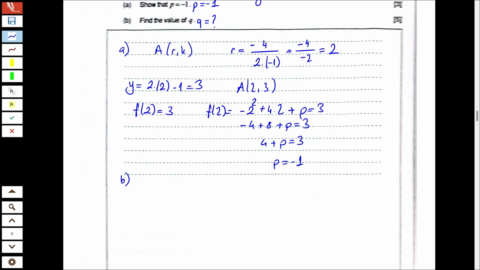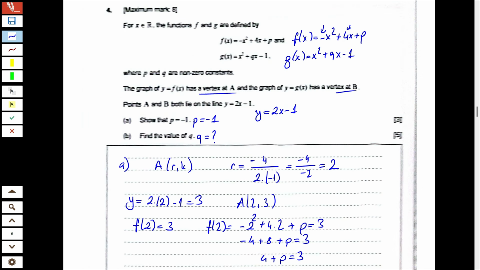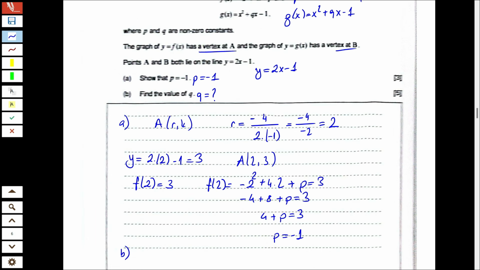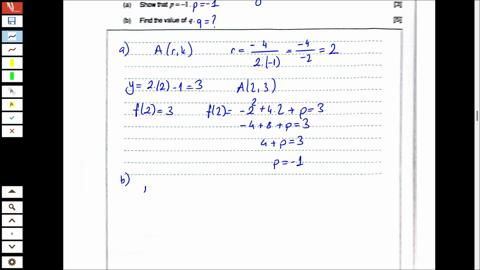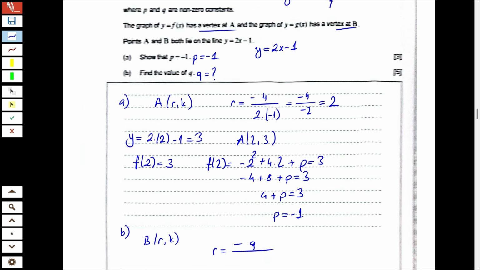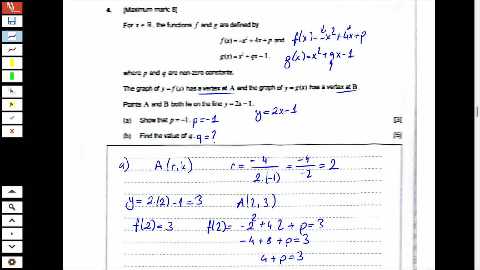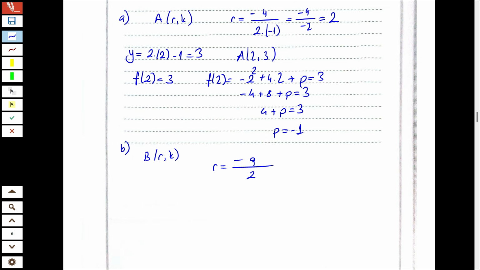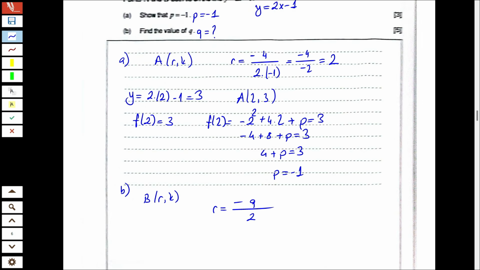The second question, find the value of q. Okay, we can do the same, for example, for the point B, again with r and k, and I know that r equals minus the coefficient of x here, q, divided by 2 times the leading coefficient of g, which is 1. We will divide it by 2. This is the point r.